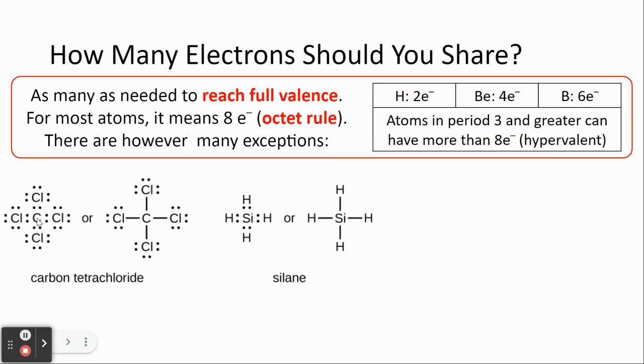Next, we put carbon in the center, and then we put our 4 chlorines around that central atom. We put a lone or bonding pairs of electrons between the carbon and each of the chlorines so that they function as a unit. That's 8 out of the 32 electrons.